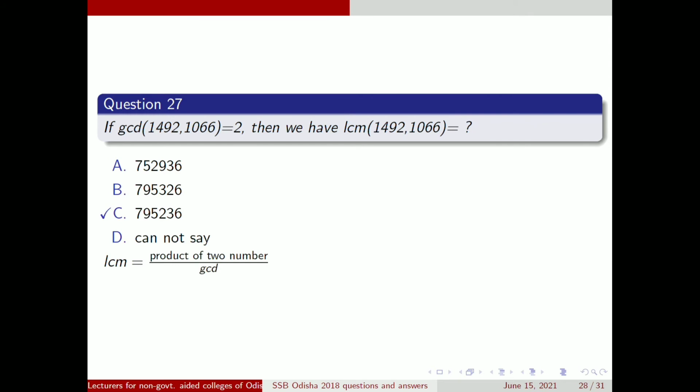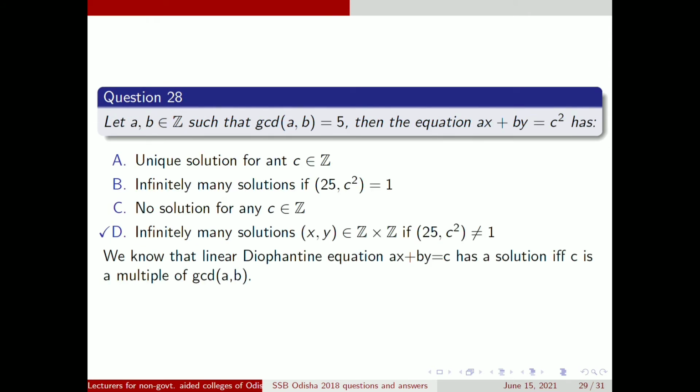Now question 28. Here a, b belong to Z and the GCD of a, b is 5. Then the equation ax plus by is equal to c square has how many solutions? Here ax plus by is equal to c square is a linear Diophantine equation, and we know that a linear Diophantine equation ax plus by equals c has a solution if and only if c is a multiple of the GCD of a, b.